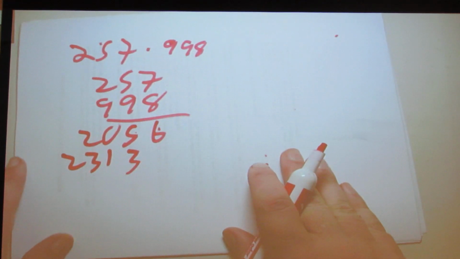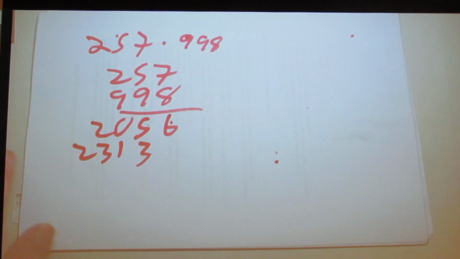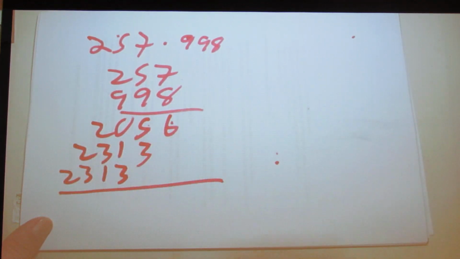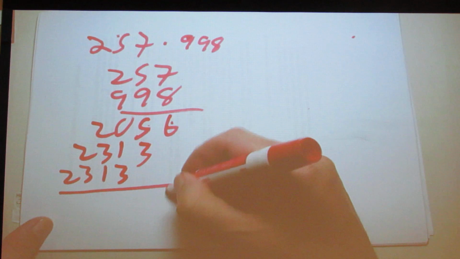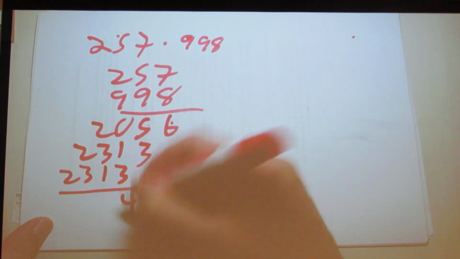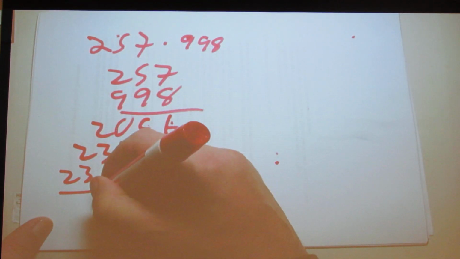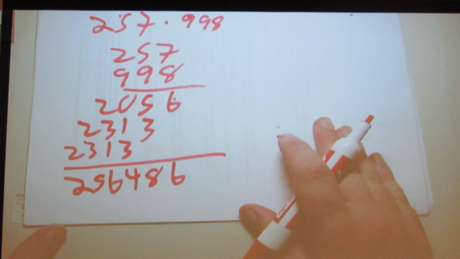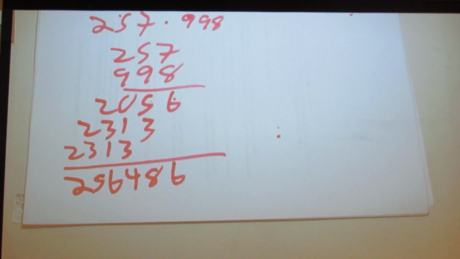In this example, it's another 9, so it makes it a little bit easier. 2, 3, 1, 3 again. Now when we add these up, we get 6, 8, 4, 5, 6, 2,252. So in this one, the answer is 256,486.